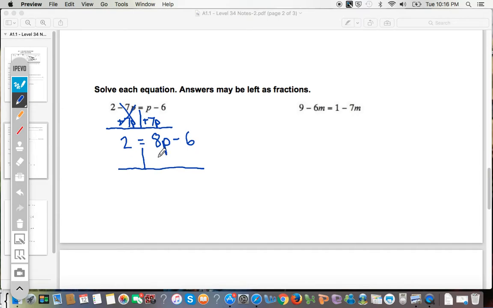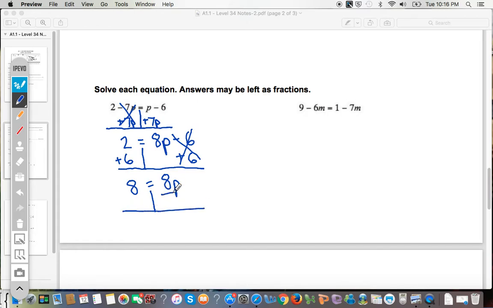Draw my chart. So now I'm going to add 6 on this side and add 6 on this side. 6's cancel over here. I'm left with 8p equals 8. So to get the p by itself, one more t-chart.